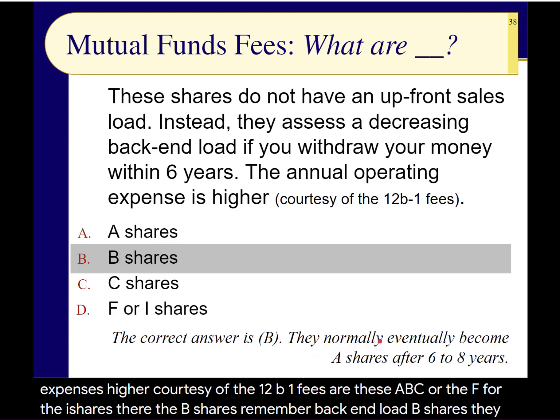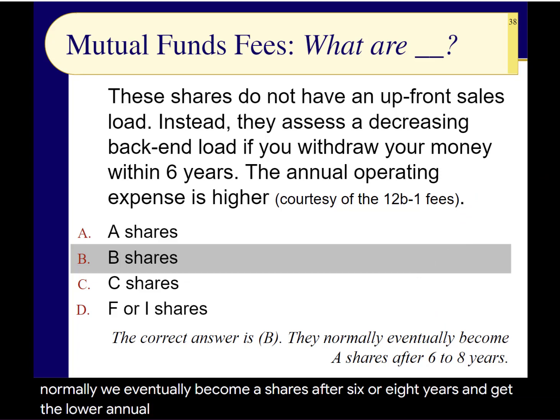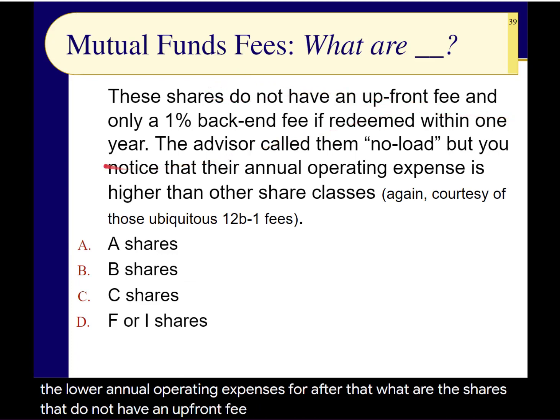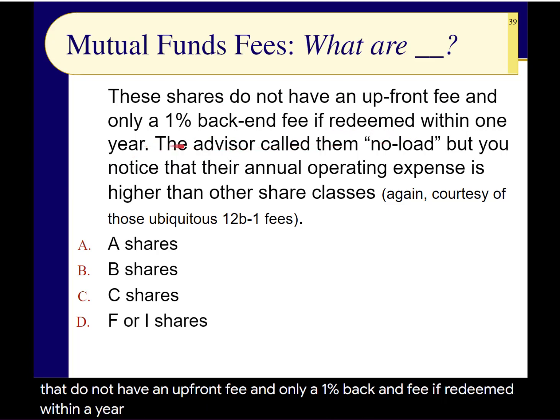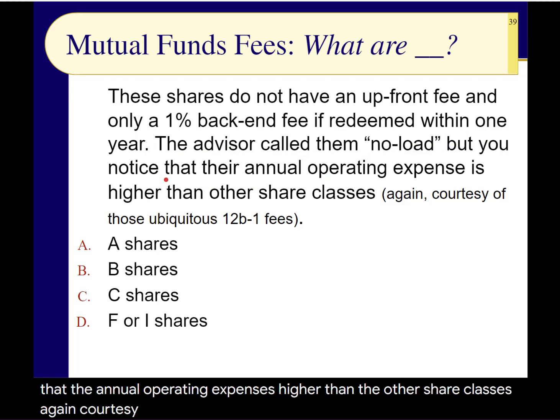They normally eventually become A shares after 6 or 8 years and get the lower annual operating expenses after that. What are shares that do not have an upfront fee and only a 1% back-end fee if redeemed within a year? Your advisor called them broker no load, but you notice that the annual operating expense is higher than the other share classes, again, courtesy of those ubiquitous, you like that word, ubiquitous, 12B1 fees.